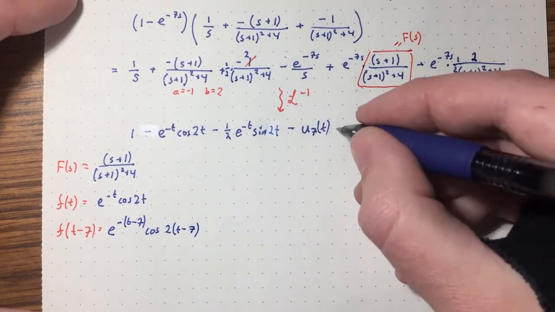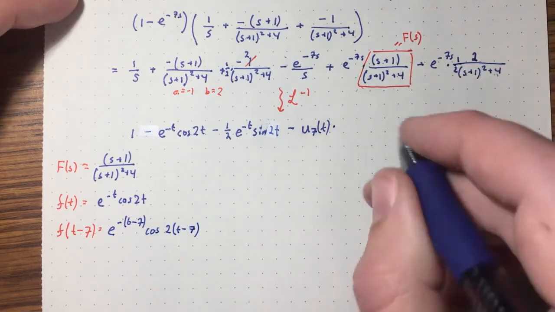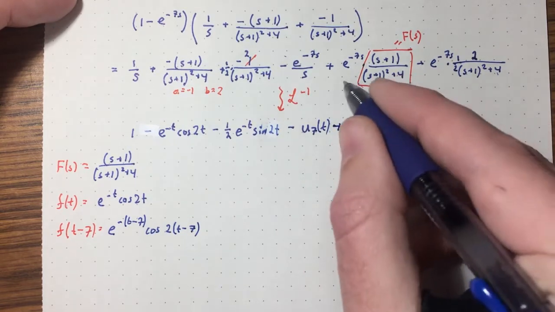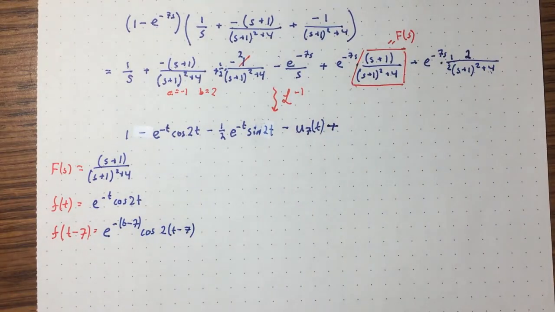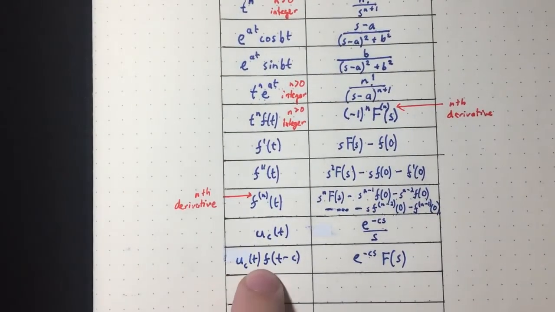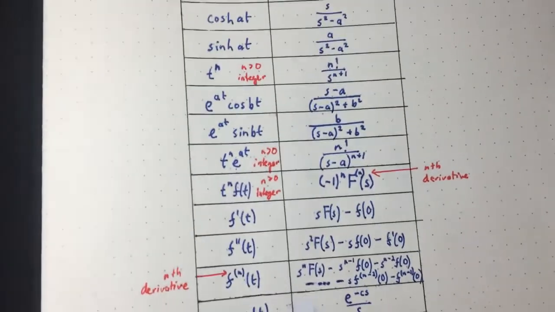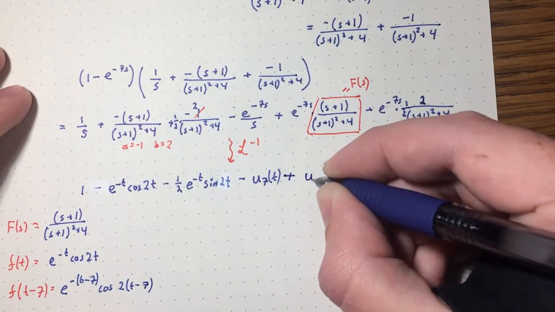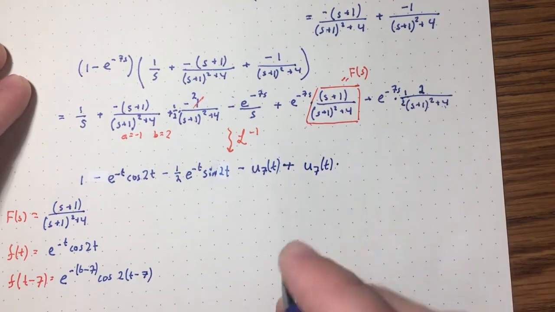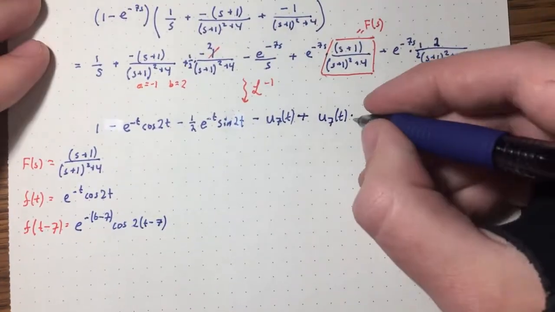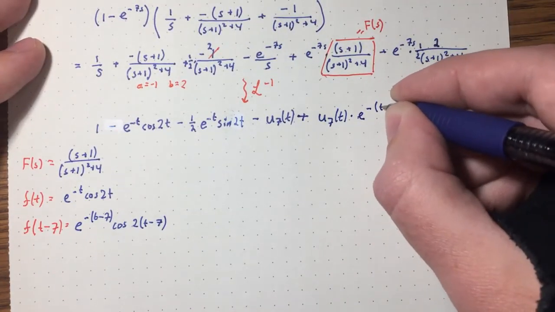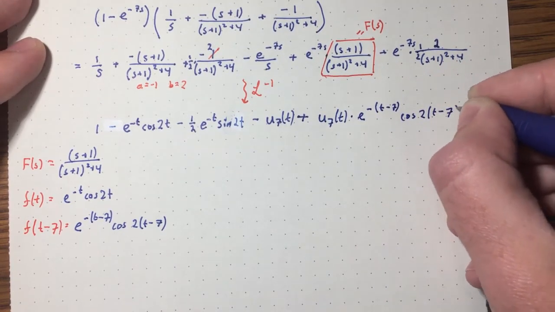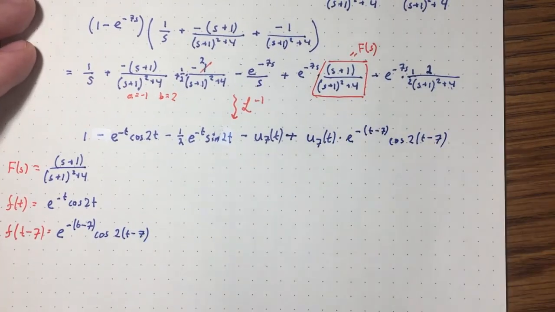Ooh, okay, so that's what I need to write here. Sorry, that's just that part. And now I need to do plus this bit here. And remember also, I need a UC of t. UC of t is U7 of t times little f of t minus 7. So it's going to be this whole thing here. And this bit is going to be similar.